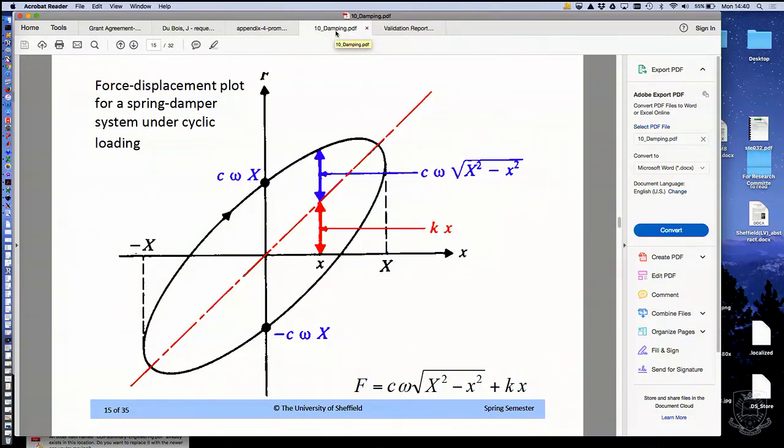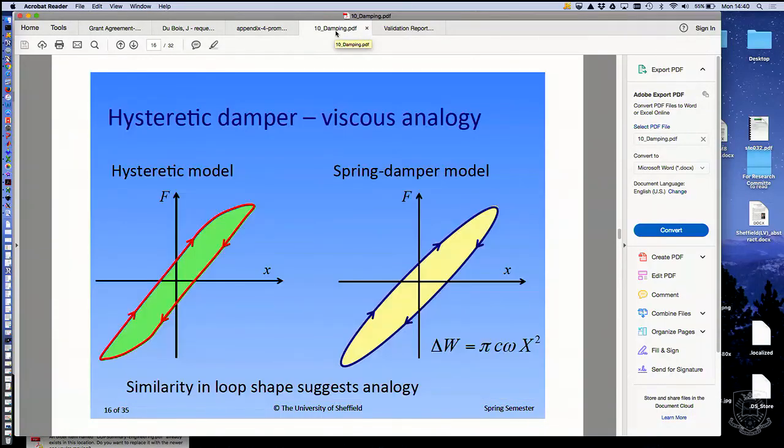What do these things look like in reality? The left-hand one is quite similar to a lot of hysteresis loops you find in reality, which is not the same as the ellipse. So the ellipse is an approximation, but it does at least get closer than a straight line, which is the alternative.